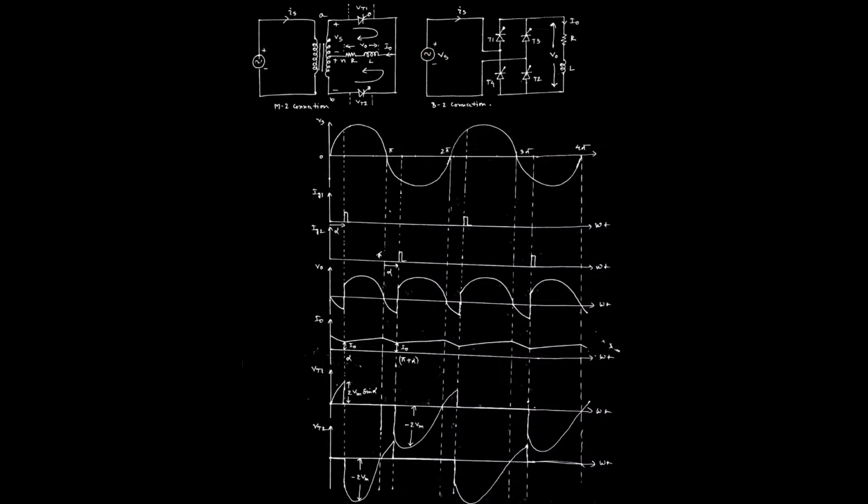So that means in case of M2 connection, when we apply the AC supply, the current starts flowing in the primary winding, and due to the mutual induction effect, the voltage is set up across the secondary part. As it is center tapped, we consider the number of turns in the upper part and the lower part to be the same.